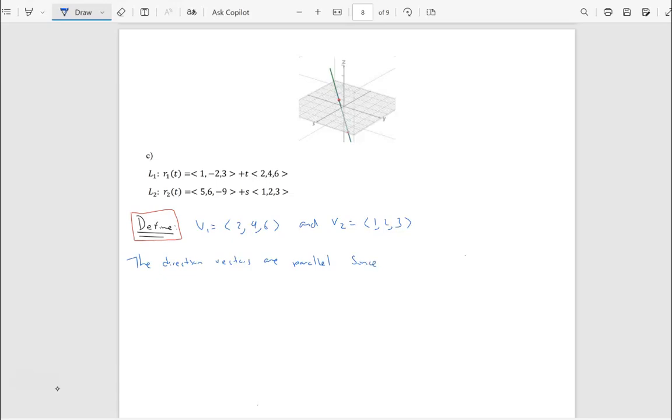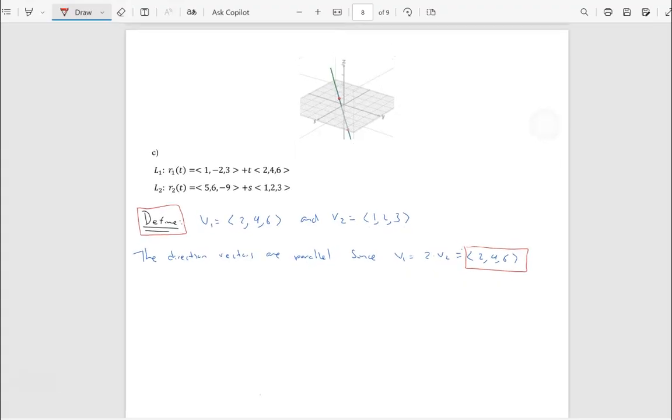And I'll just say since the values of V1 is equal to 2 times the values of V2, which is going to give us the vector 2, 4, and 6. Now, for parallel lines, one of the conditions is that your vectors are parallel. In this case, we have parallel vectors.